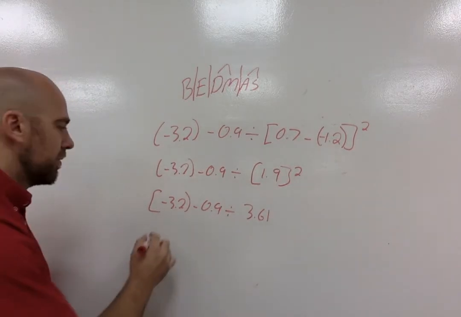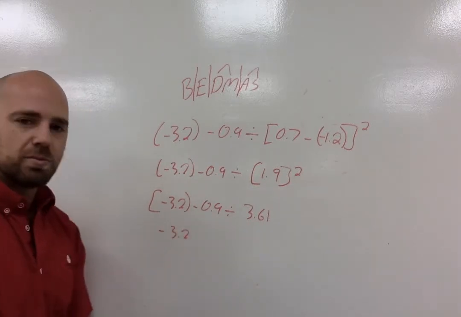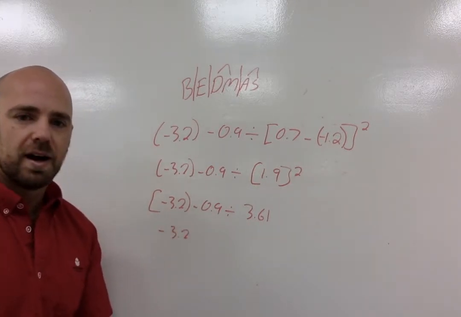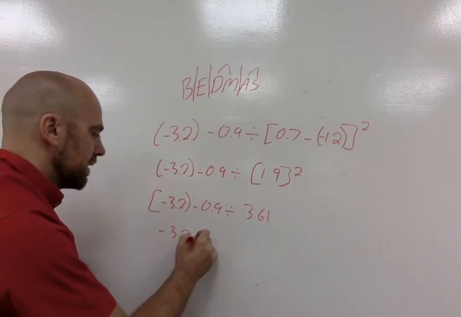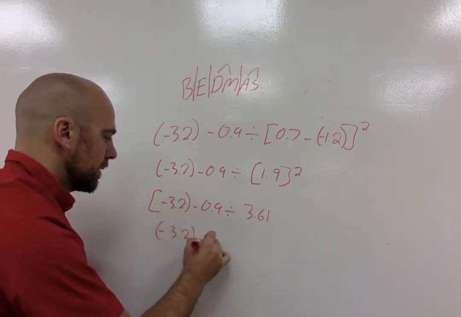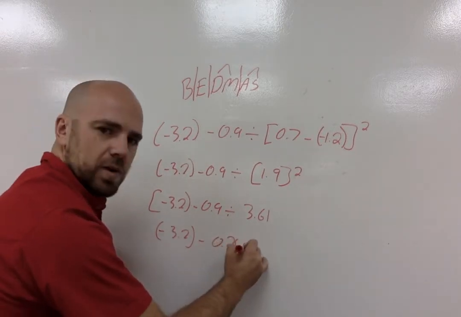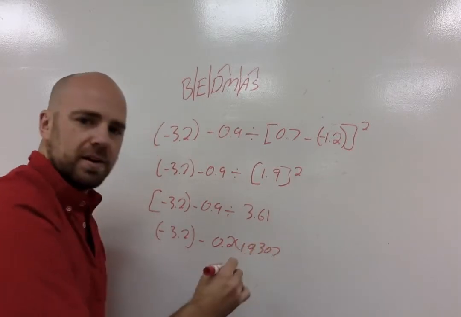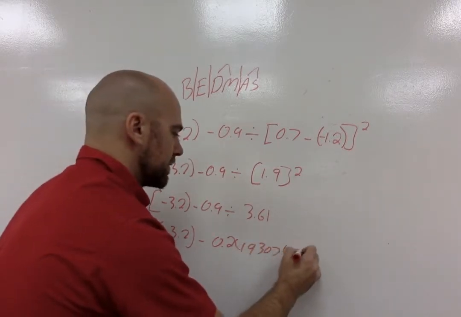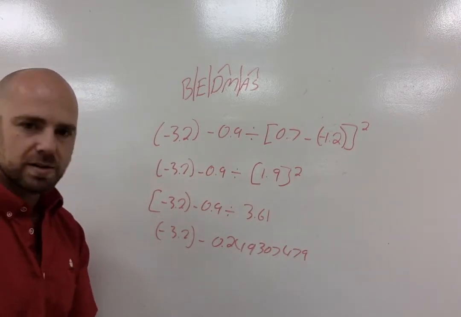Next, I'm going to go -3.2, and I have to do my 0.9 divided by 3.61, which is going to give me something around 0.249307479. Okay, it's not perfect, but it kind of works.